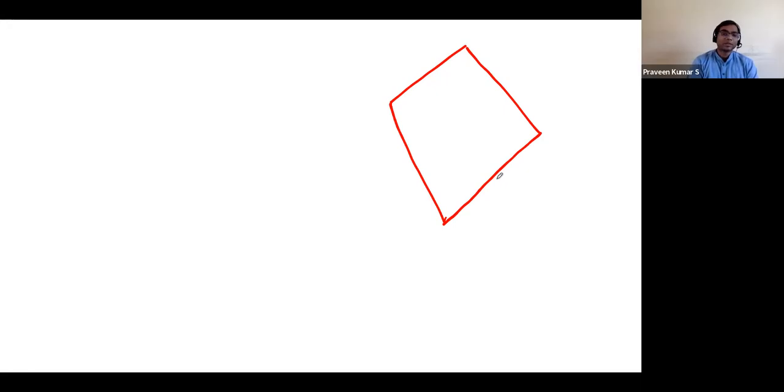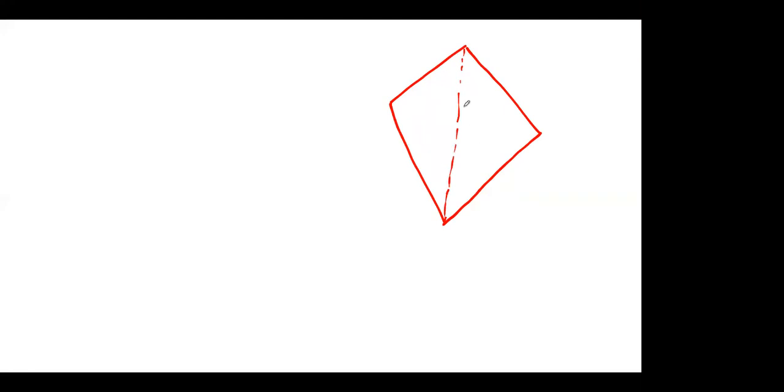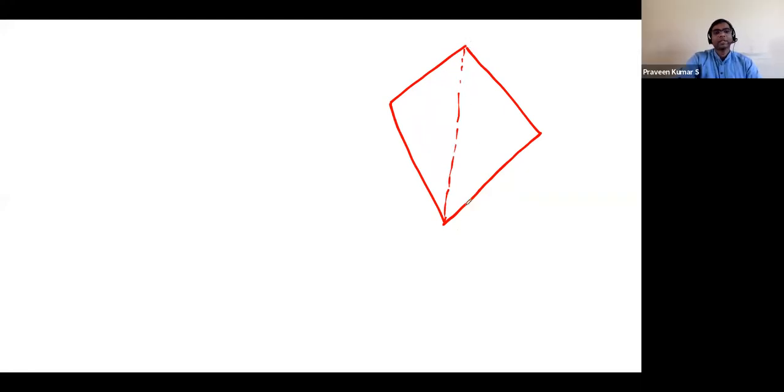By using Heron's formula? Heron's formula can be used for a triangle, right? Like if you divide this into two triangles, and if you know this diagonal, then you can use Heron's formula. And then you will calculate the area of these two, right?